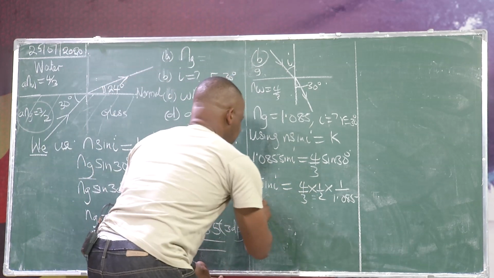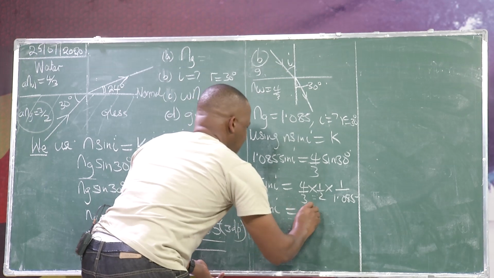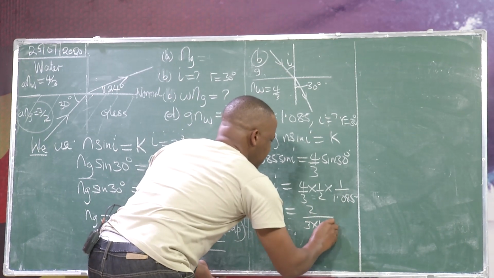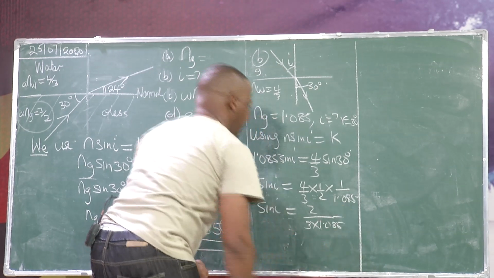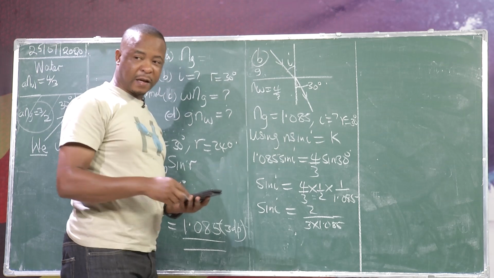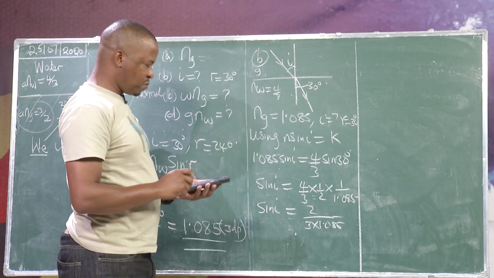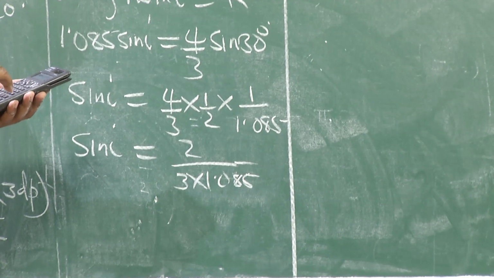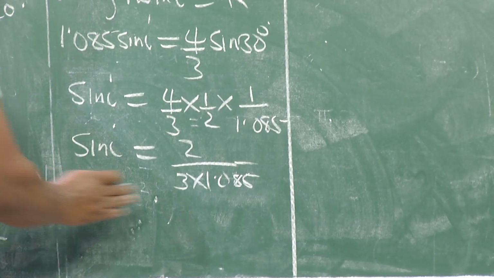So we shall get our sine I as 2 out of 3 times 1.085. Remember that for the sine or the cosine, the maximum value should be 1 and the minimum value should be a negative 1.